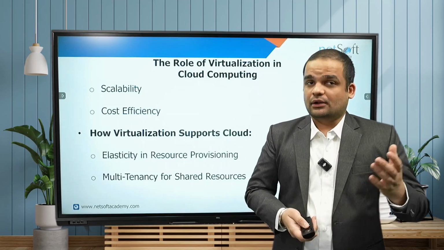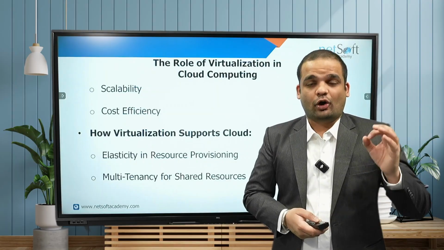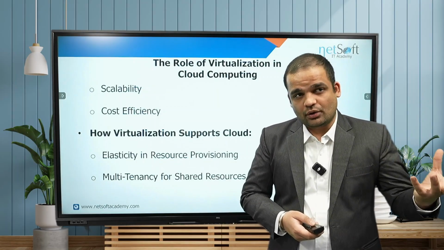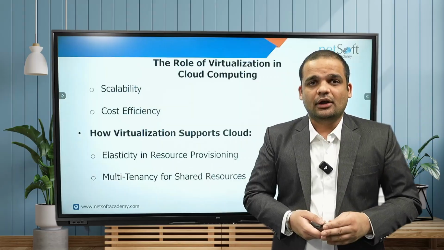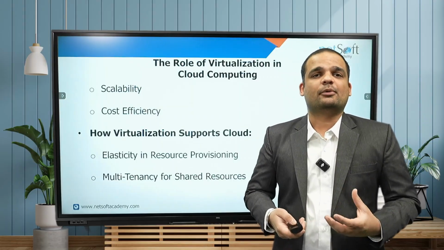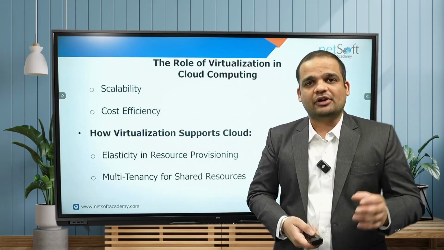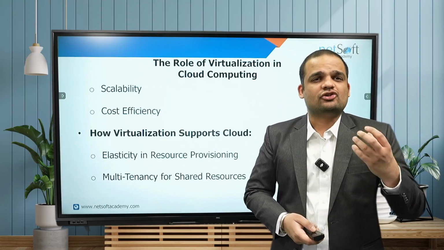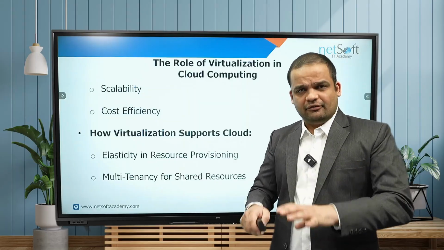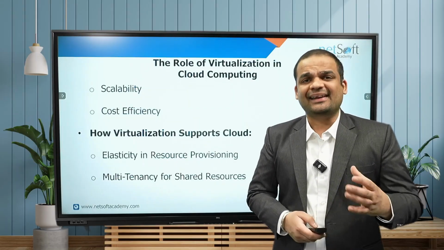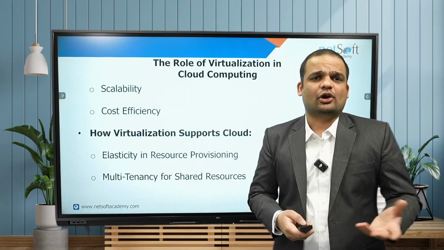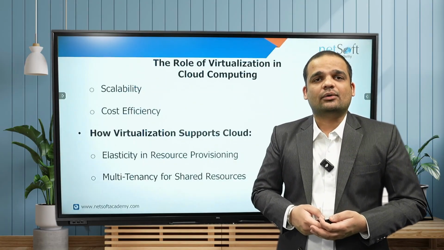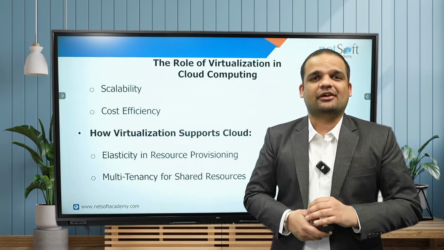Well, cloud providers like Azure, AWS, Google, they use virtualization to quickly provision or deprovision resources based on demand. This elasticity ensures that resources are always available when needed and can be scaled down when not in use, making the cloud a highly efficient environment.